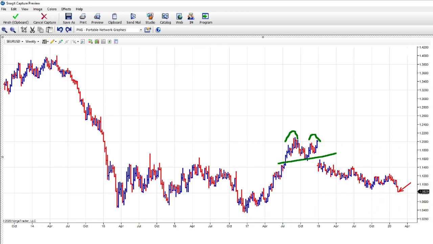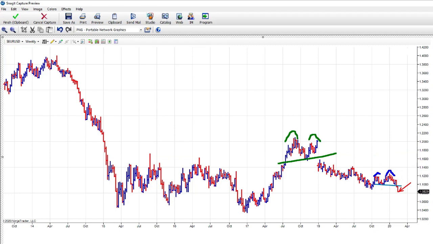that we saw back in 2016 or 17. More recently, I was pointing out that this interim double top right here was going to be a formidable resistance area, and if we then crack the neckline at 110, that was going to open a new move lower. And this is what we're seeing.